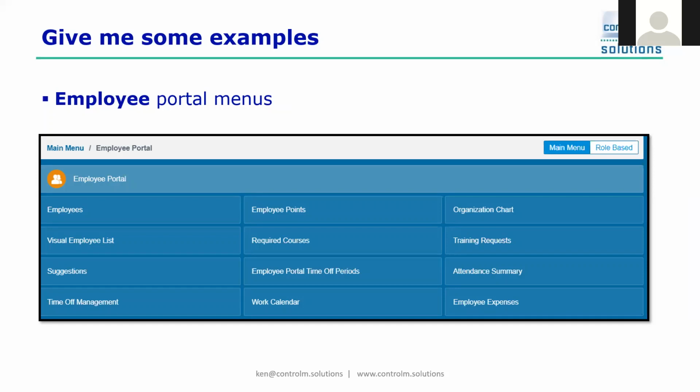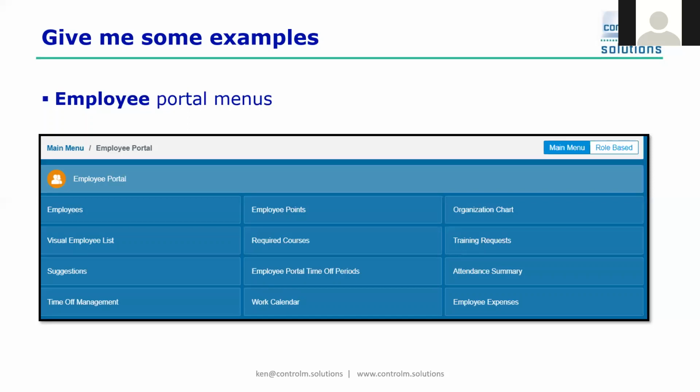They can also use this to request their own time off. If you assess points or demerits for being late or other actions, they can also view their points in the point system.